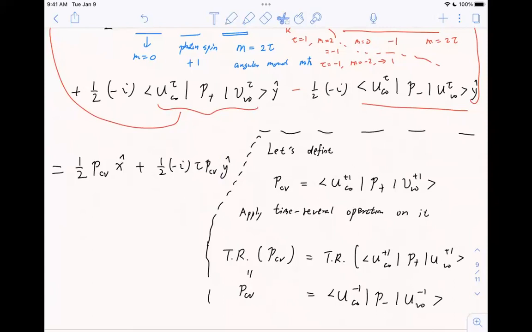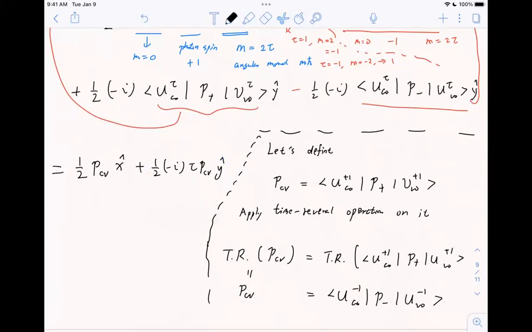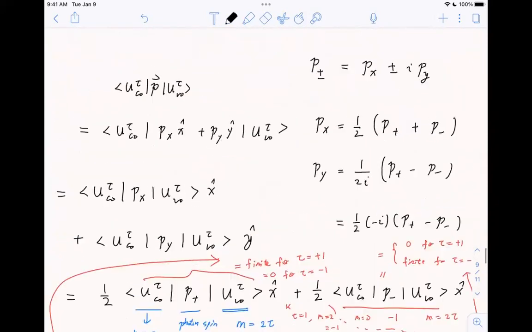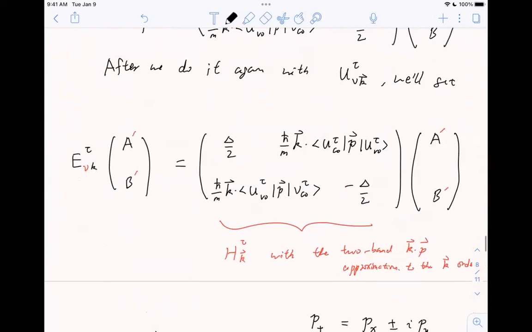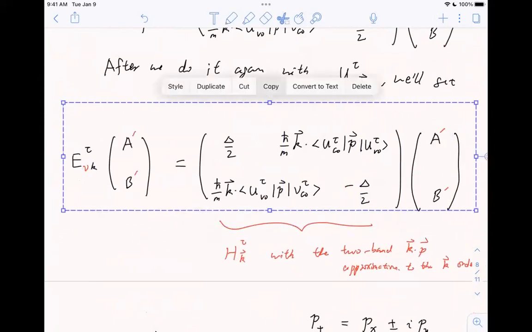PCV. Okay. So where are we? Let's go back. So we're going to copy.